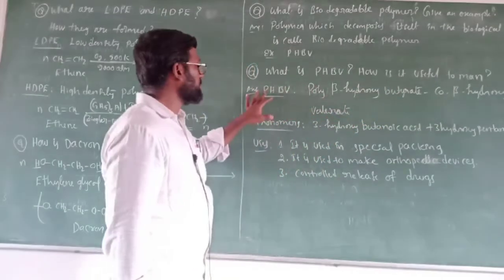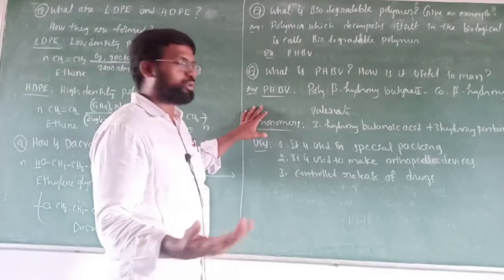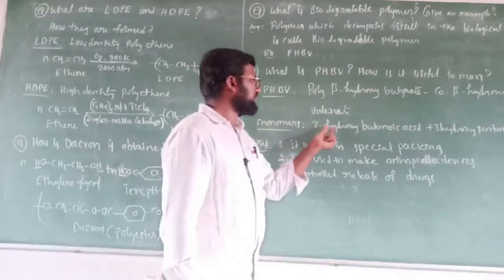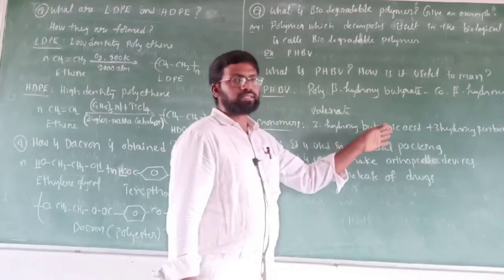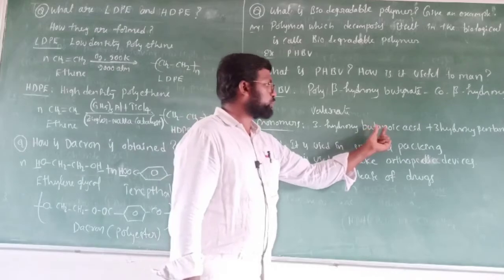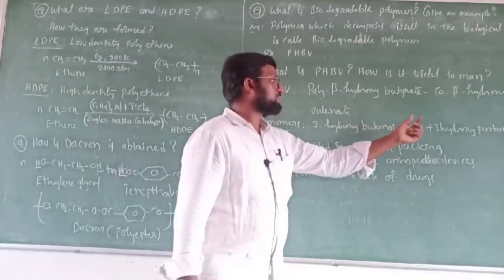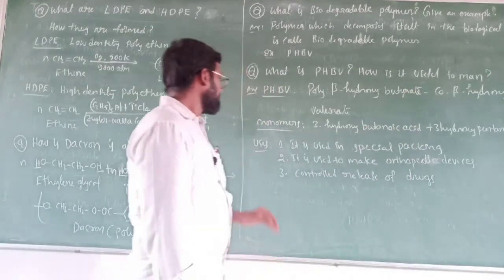This is the full form of PHBV. Its monomers, no need to write in the exam, but if you want, you can write: 3-hydroxybutanoic acid plus 3-hydroxypentanoic acid. Buta means 4, butanoic acid; penta means 5. These are the monomers.